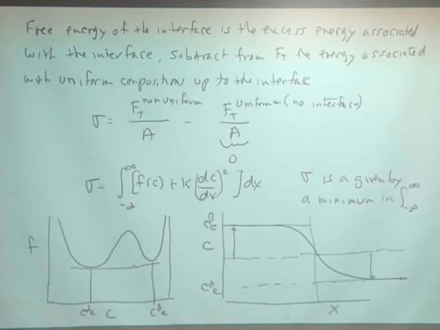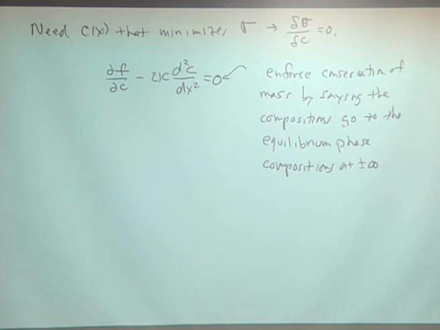Basically, what I'm saying is that we're going to enforce the fact that far from the interface you're in the bulk phases, and that basically enforces mass conservation for you.